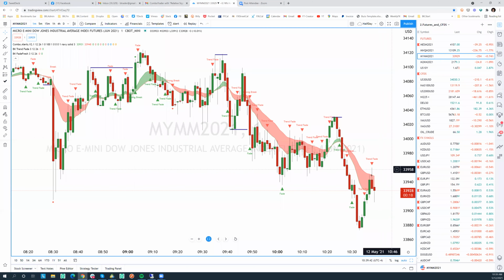The other thing I was going to say to you is, this is a really good example. I like this idea to think about, where we have extremes. You see how the first fade barely made it. The second fade was a much better fade.